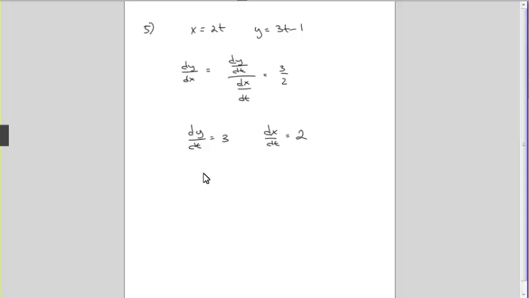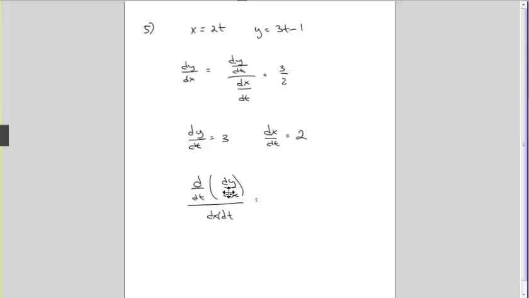As far as the second derivative is concerned, we know it's 0, but how do we know that? Well, what you would do is take the derivative with respect to t. If we can't remember what that is, we go into the book, and d squared y/dx squared is d/dt of dy/dx, which we just calculated, divided by dx/dt again.